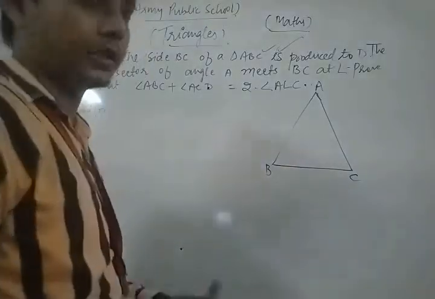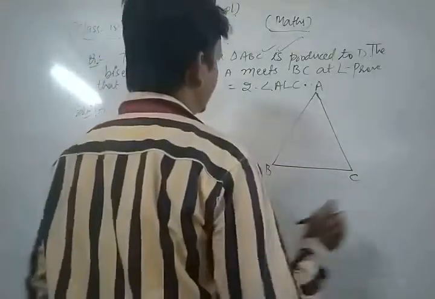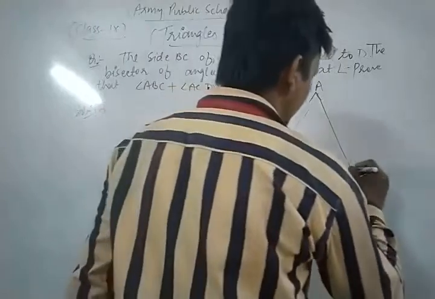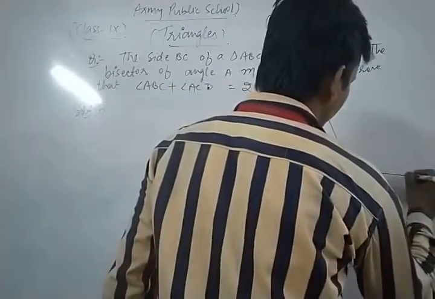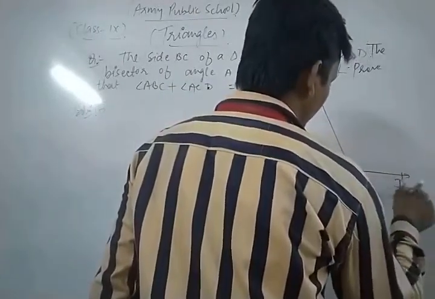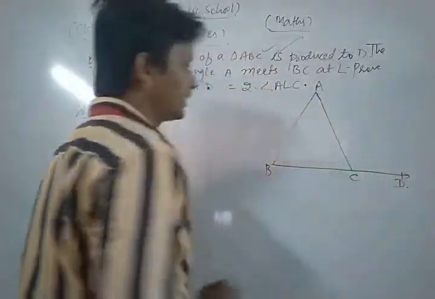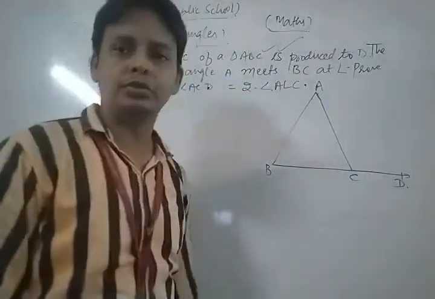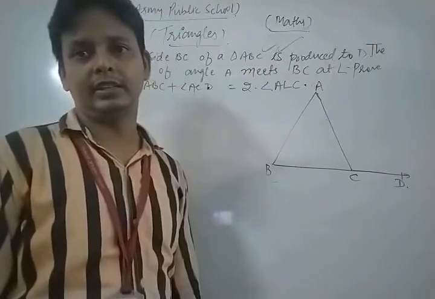Now, according to the question, the side BC of the triangle ABC is produced to D. This side of the triangle is produced to D.